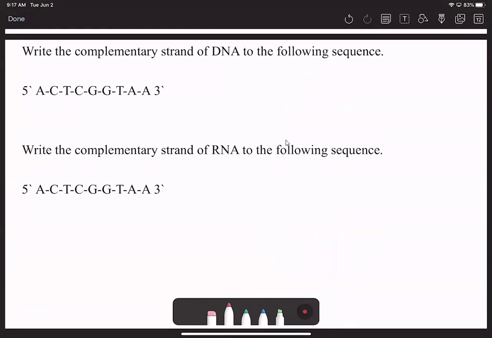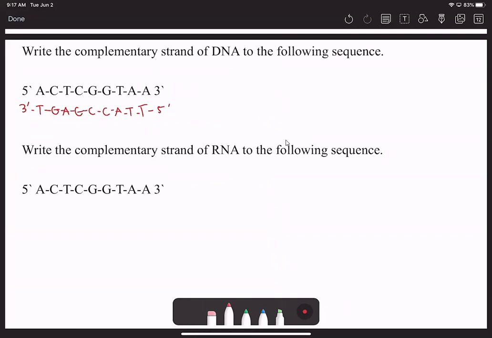So here, if I wanted a complementary strand for DNA, I'd go from 3' to 5'. I know that A goes to T, C goes to G, T goes to A, C goes to G, G goes to C, C, A, T, T.